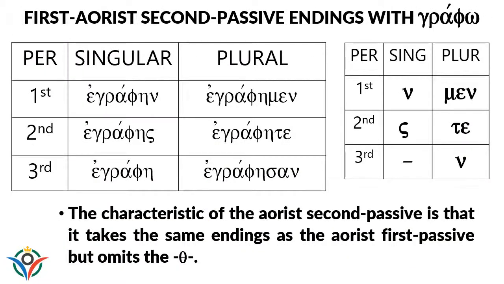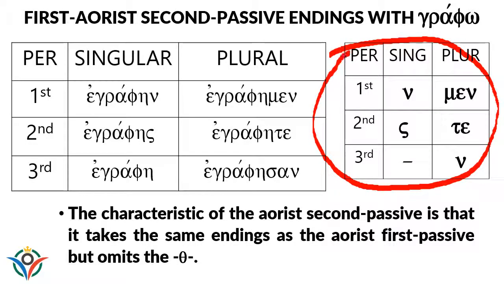So let's practice conjugating the first aorist second passive endings with grapho. So remember that the first aorist second passive also takes secondary active personal endings. The nu, the sigma, the third person singular, as you know by now, has no ending.